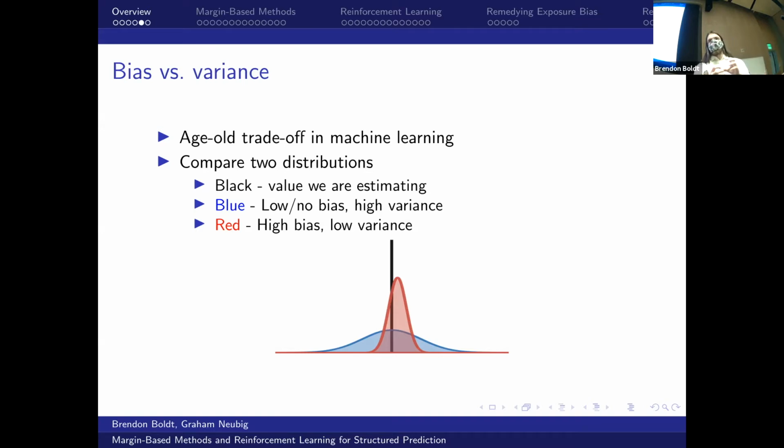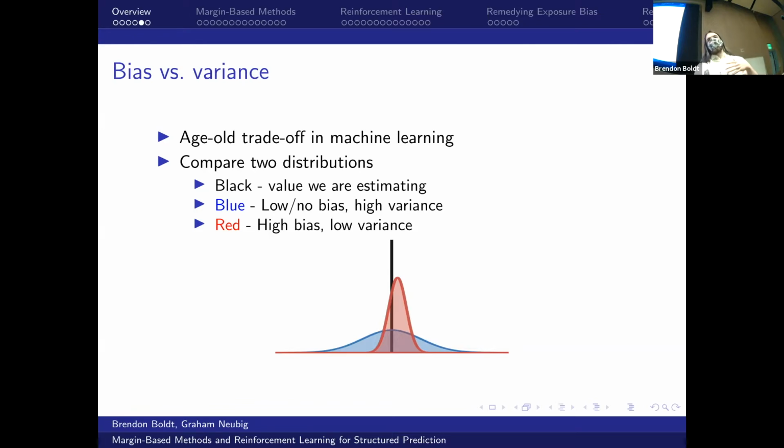The only way we can start to find out what this value is is by taking samples from a distribution. This blue distribution is properly centered on the true value, but it has a high variance. So if we're only able to take a handful of samples, there's a fairly large chance that those samples are going to be far away from the true value.